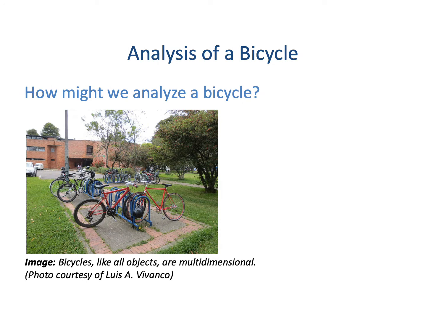Let's talk about the analysis of a bicycle. How do we analyze a bicycle? First, a bicycle has physical dimensions. It must be used by an average-sized human, but it may also be viewed as an expression of artistry.